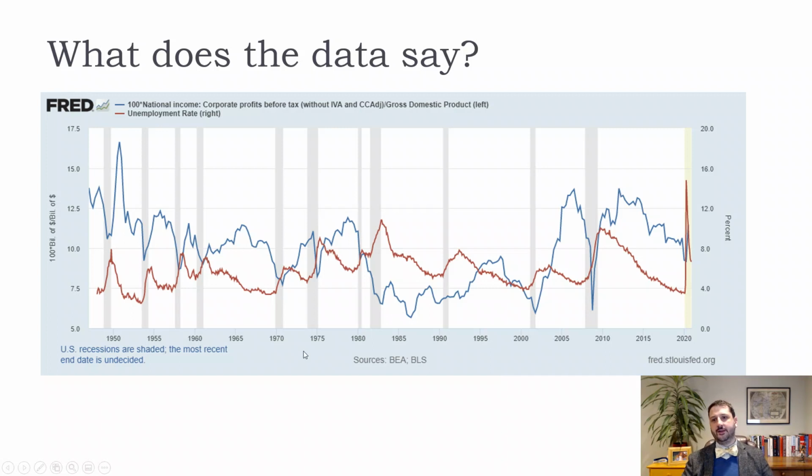So let's look at the data here. So we've got the unemployment rate in red on the right, and we've got corporate profits before tax on the left. So why profits? Well, the markup is basically a measure of profits, right?